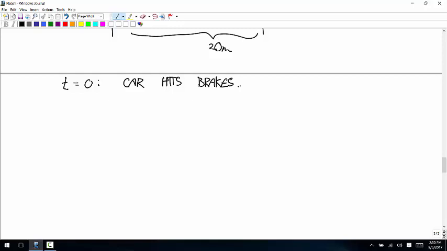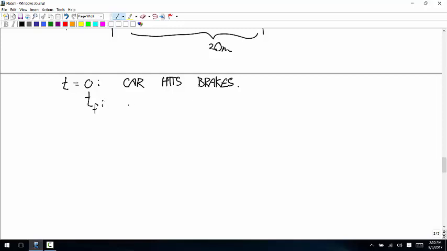And then is there a later instant where we either know stuff or want stuff, or both? In this case, it's both. That's going to be our time final. So you can think of it as the instant when he's traveled 20 meters and comes to rest.